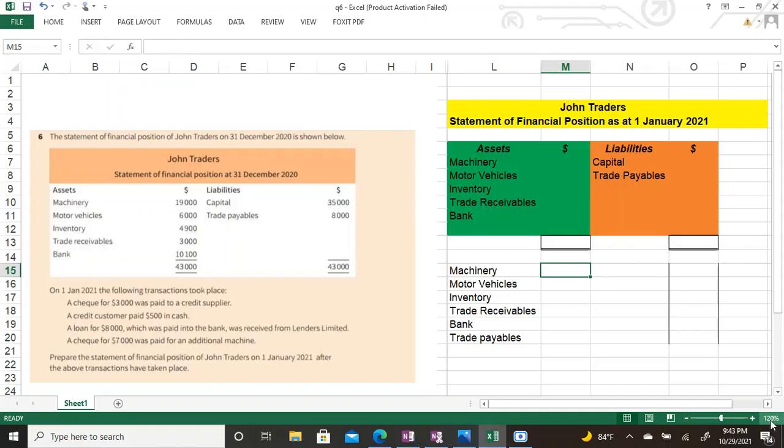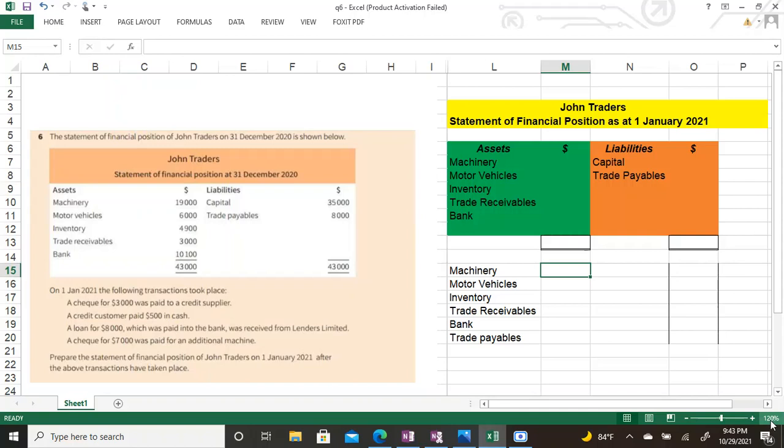As you can see in this question, John is a trader. His statement of financial position at 31st December 2020: his assets are machinery, motor vehicles, inventory, trade receivables, and bank, and liabilities are capital and trade payables.